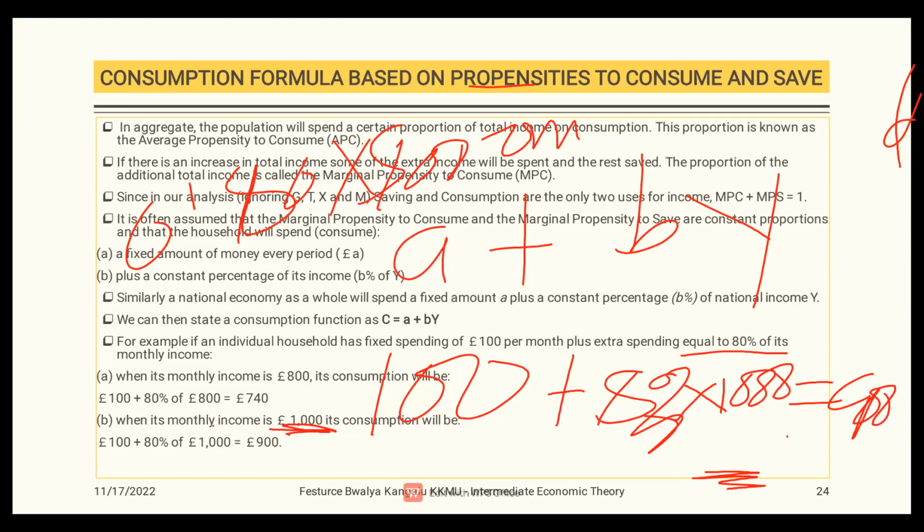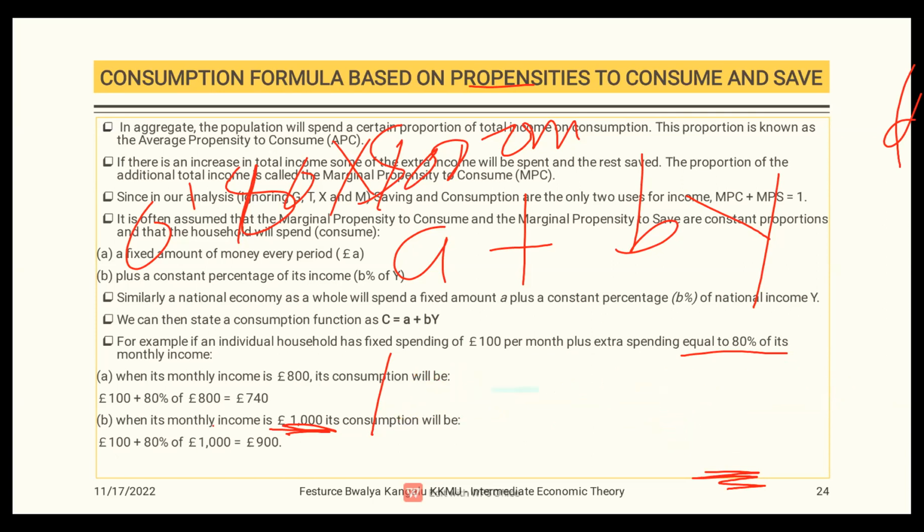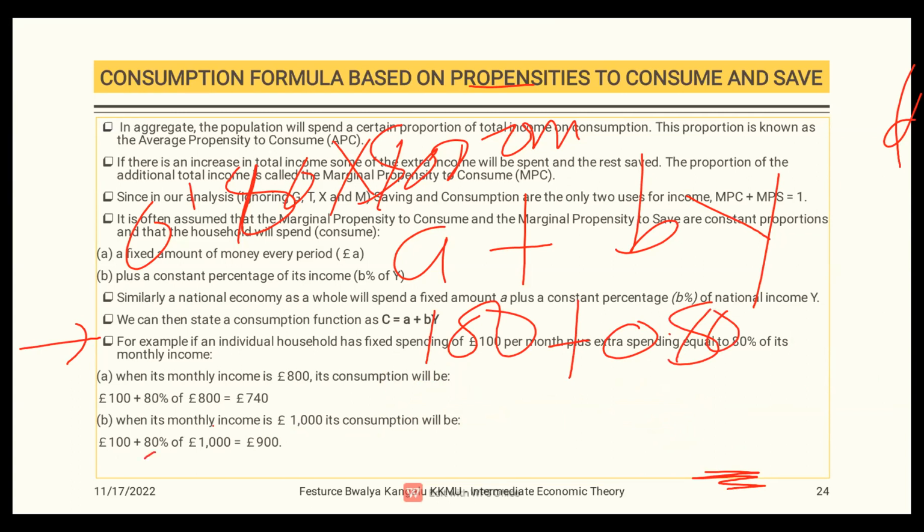Did you get that? Please go through that again. I was saying that we have an example where fixed consumption is 100, right? This is autonomous consumption, plus B, which is the percentage of the income that you get for consumption, 0.80, which is 80% of Y. Your Y is income.